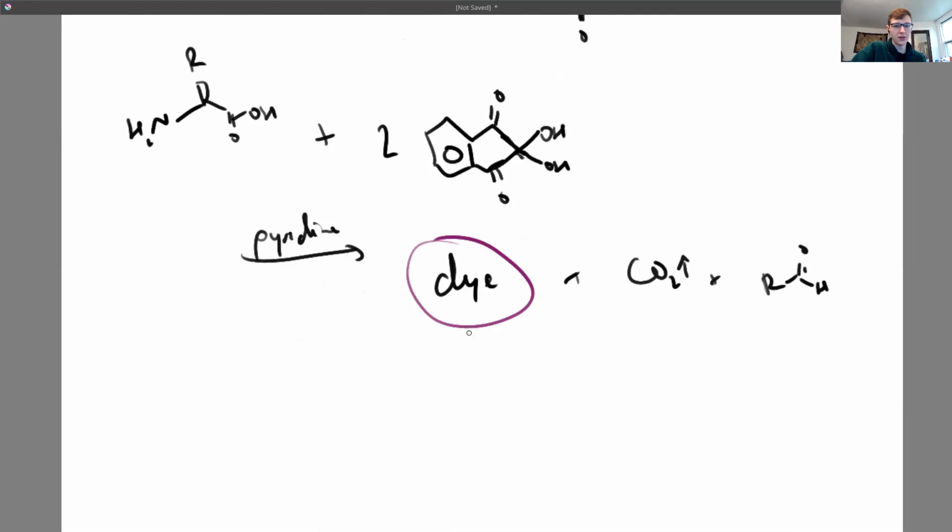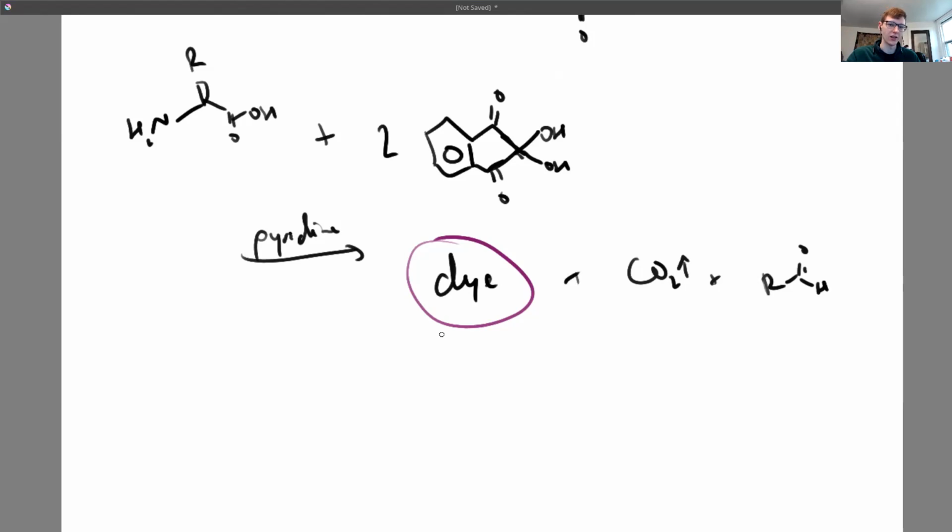And you could actually use this dye to do some analysis on proteins, because you could break down your protein all the way, and then do electrophoresis or chromatography of some sort on all those amino acids that you have left over, and then mix it with dye, and the amount of amino acid that there is will correspond to how much dye you've produced.